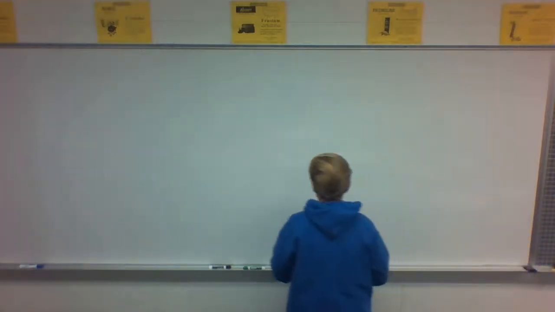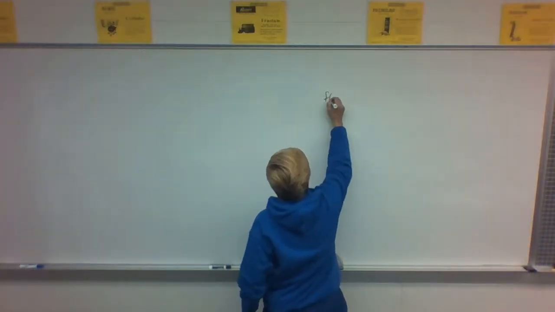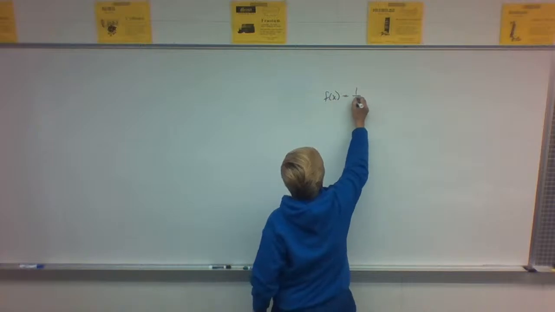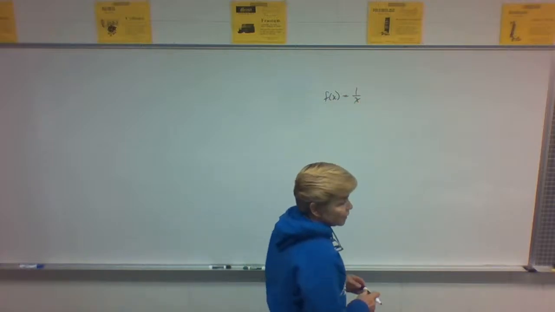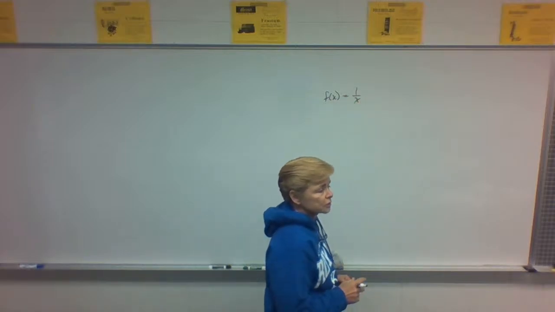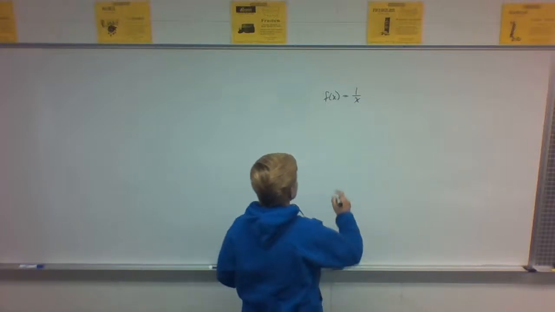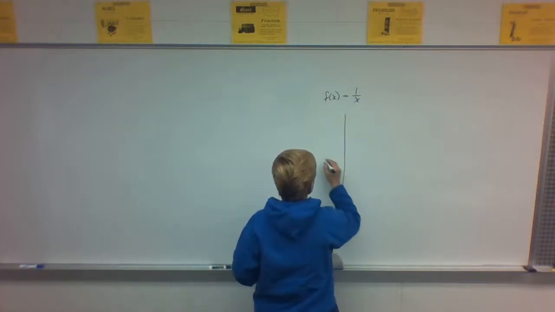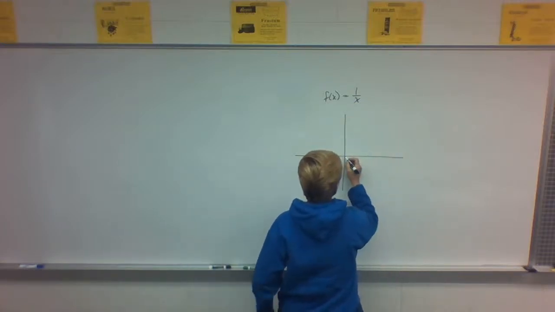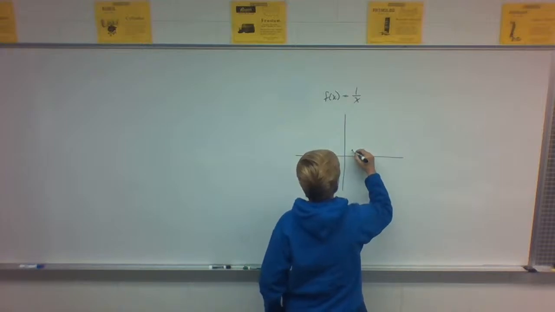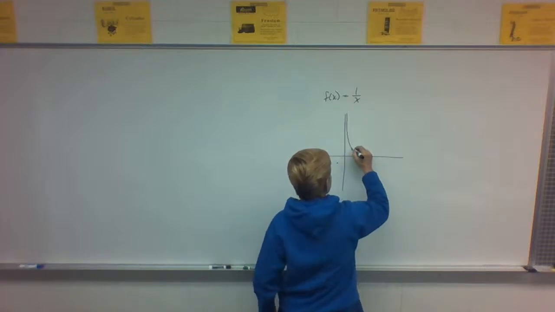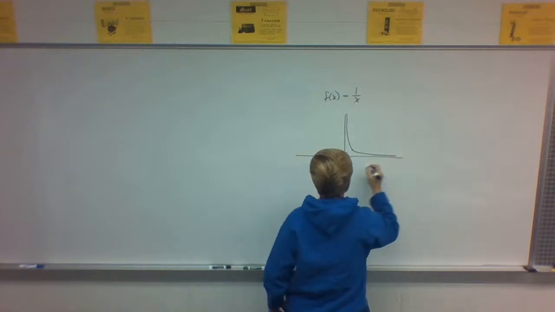The first one we're going to consider is f of x equals 1 over x. That is the parent function for all rational functions. I don't know if you remember what it looks like, but it looks like this. It will cross at the points (1, 1) and (-1, -1), and have branches that treat the axes as asymptotes.